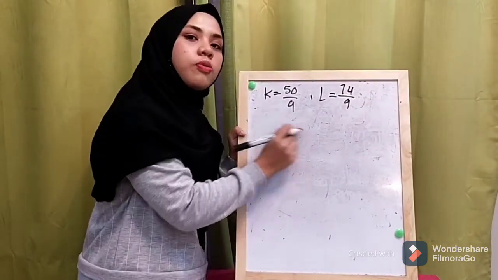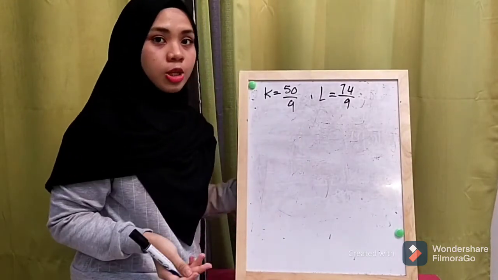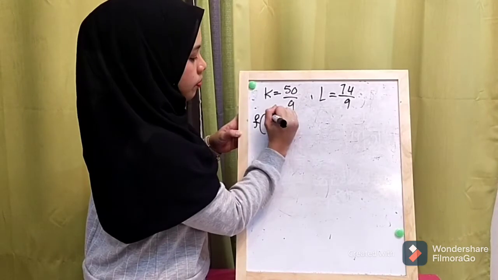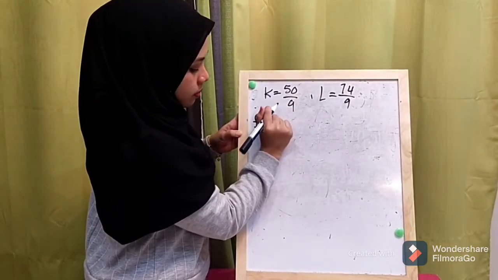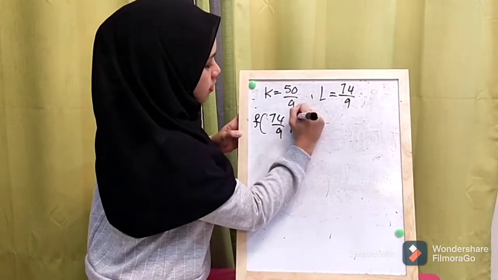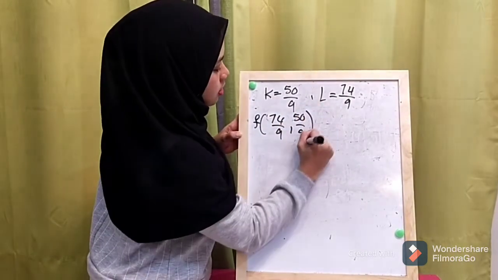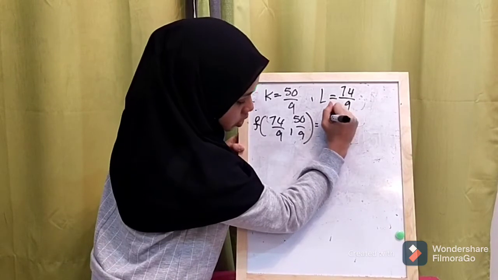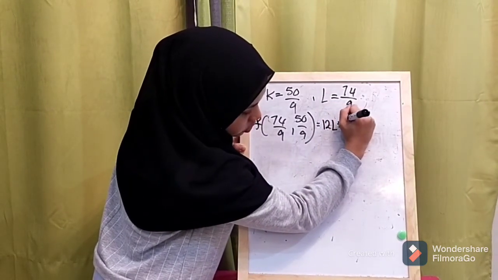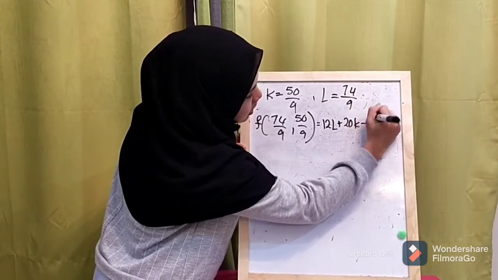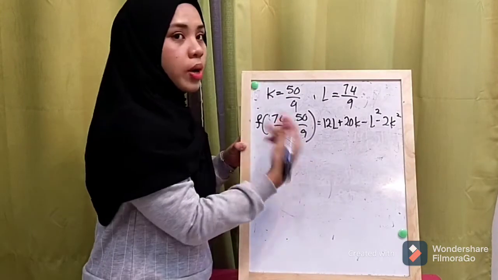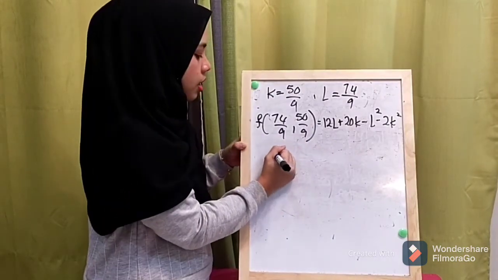These two values we're going to substitute into the objective function, where f of 74 over 9, 50 over 9 equals 12L plus 20K minus L to the power of 2 minus 2K to the power of 2. This is what I mean, we need to substitute it, okay?